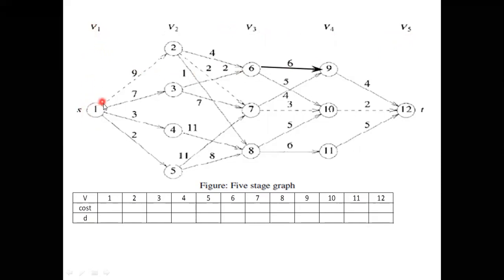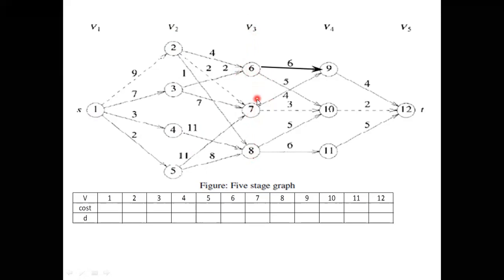In the stage 1, there is only one vertex. The vertex number is 1, this one. And that vertex we will call it as a source vertex. Right? You see in the stage 2. Stage 2 means the V2, there are 4 vertices: second, third, fourth, and fifth. In V3, means third stage, there are 3 vertices.